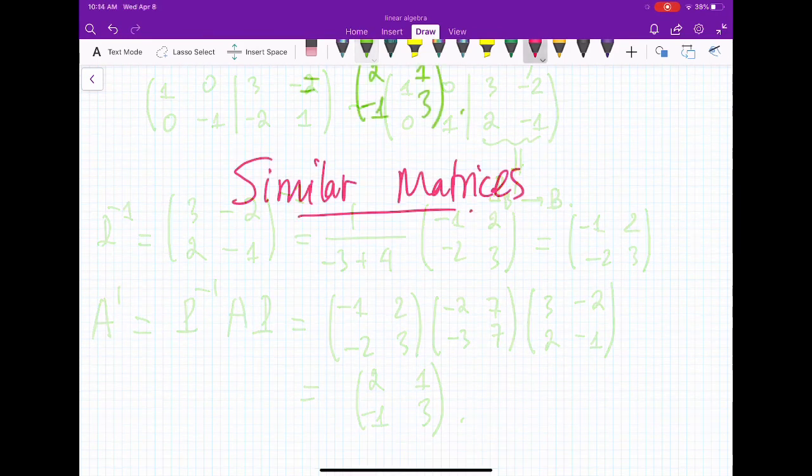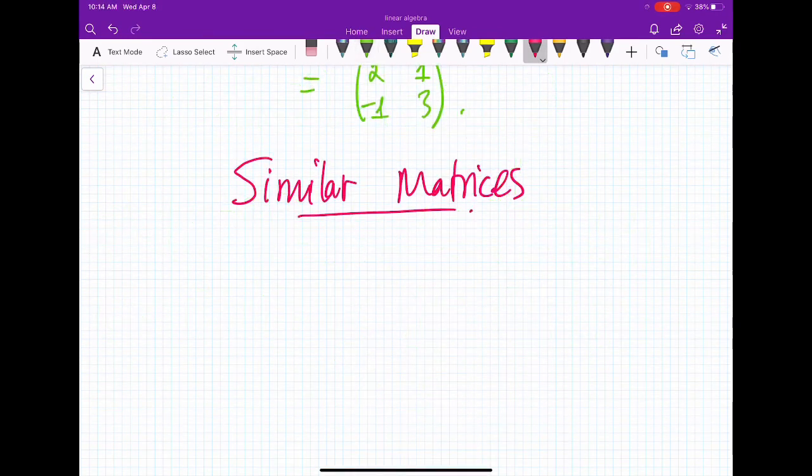That's it. Now let's talk about similar matrices. In the previous example, we already saw the following formula: A prime equal to P to negative 1, A, P, where A and A prime are matrices of the same linear transformation in different bases.